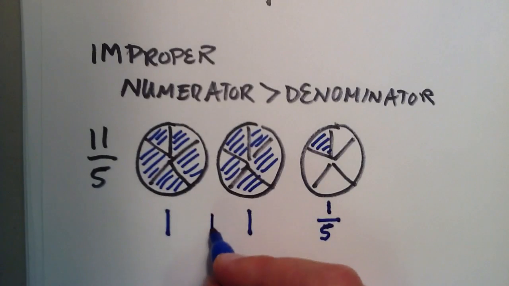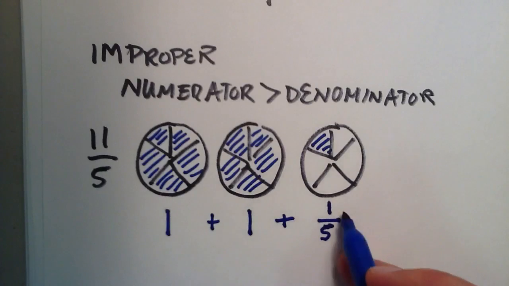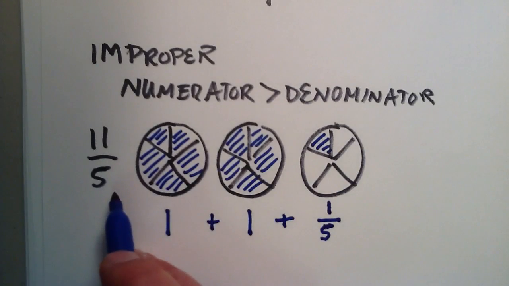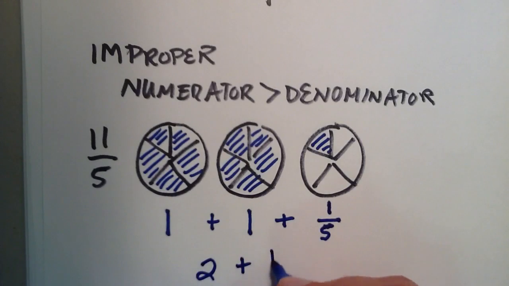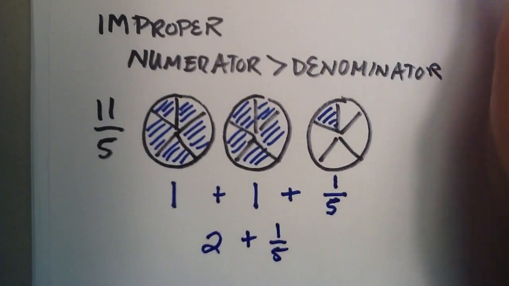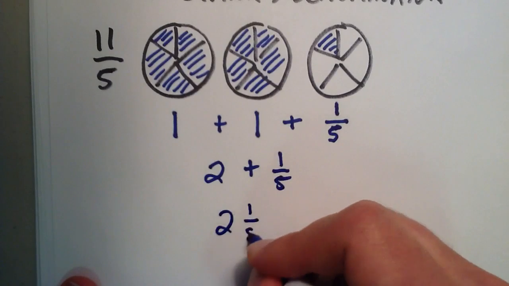And basically we're going to just add these together. 1 whole piece plus 1 whole piece plus 1/5 piece is the same thing as 11 over 5. Now we can go ahead and combine the 1 and 1 together, that gives us 2, and then we'll add the 1/5 to that. Now 2 plus 1/5 is really the same thing as writing 2 and 1/5.